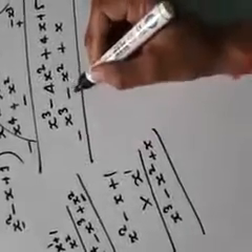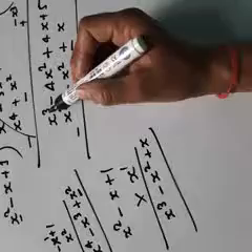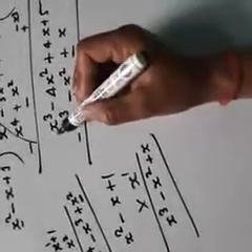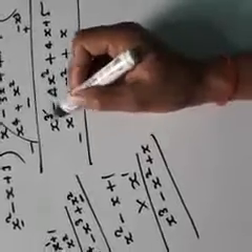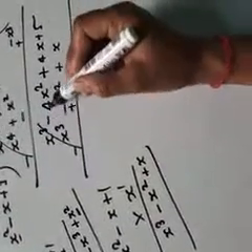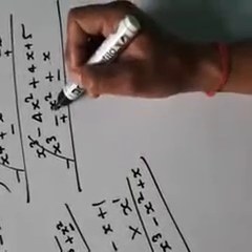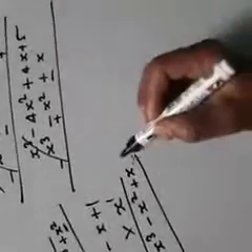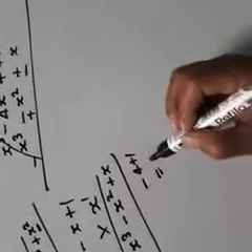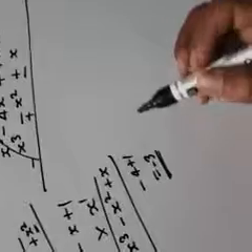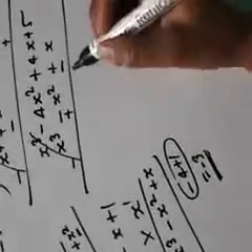Change the sign of the subtrahends. Now subtract x cubed, it has plus 1 coefficient. This x cubed has minus 1 coefficient, so they cancel each other. Here it is minus 4 and the coefficient of x square is plus 1, so minus 4 and plus 1 equal to minus 3, because whenever the signs are different, always subtract.